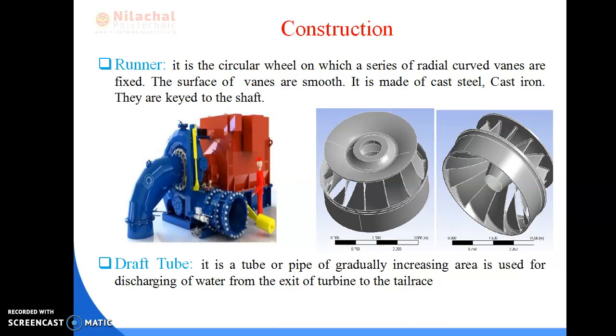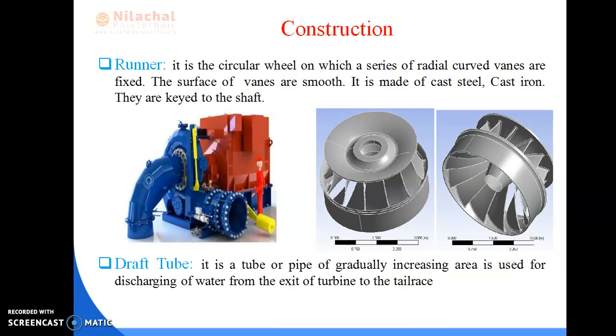The cross-section of the draft tube gradually increases towards the outlet. The draft tube connects the runner exit to the tail race water level and helps in discharging water into the tail race level.